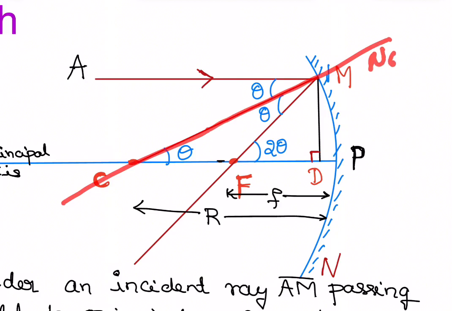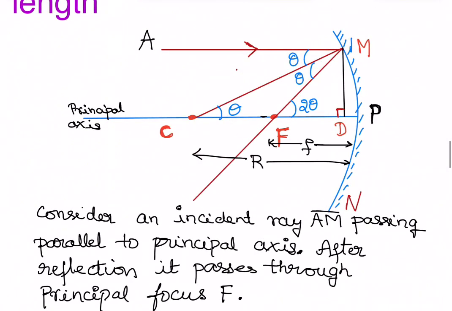So this line is the normal. And already we have learned that if the angle of incidence is theta, the angle of reflection is also theta. Now a little bit of geometry has to be applied. Take this triangle.